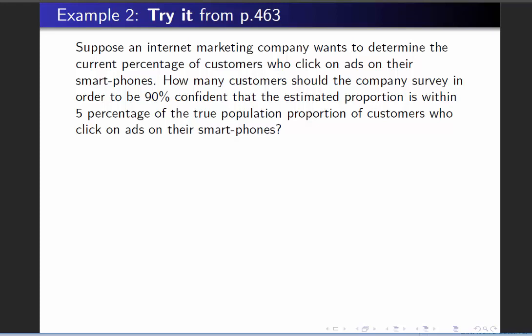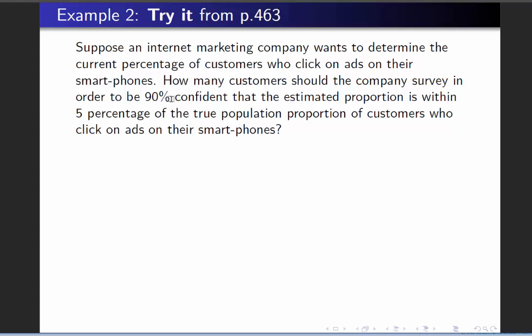Let's see. Suppose an internet marketing company wants to determine the current percentage of customers who click on ads on their smartphones. How many customers should the company survey in order to be 90% confident that the estimated proportion is within 5% of the true population proportion of customers who click on ads on their smartphones?